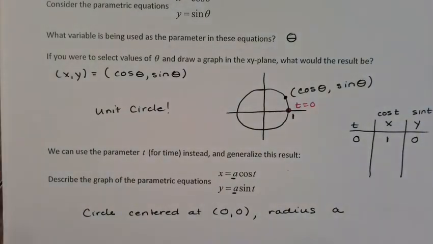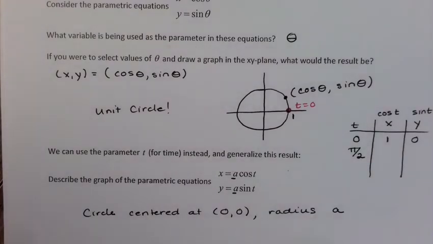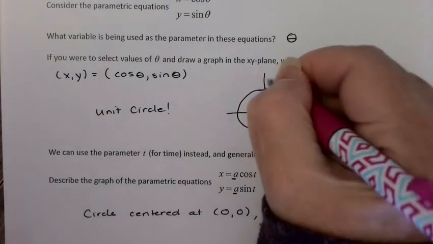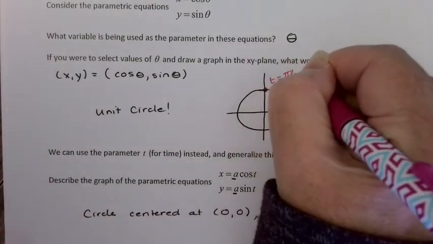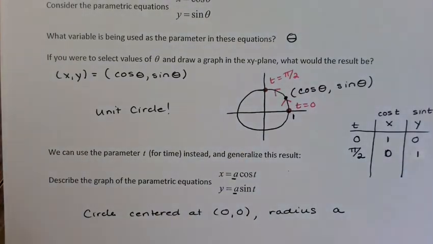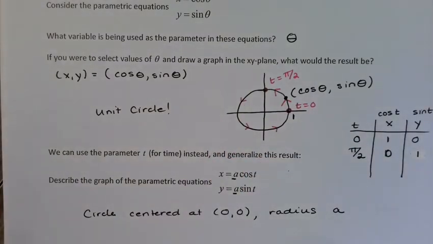If I then pick a new t value, and I'm just going to go to pi halves because it's easy to plug in. Cosine of pi halves is 0, and the sine of pi halves is 1. So here we are at t equals pi over 2, and you can see that we are moving in the counterclockwise direction around that unit circle.